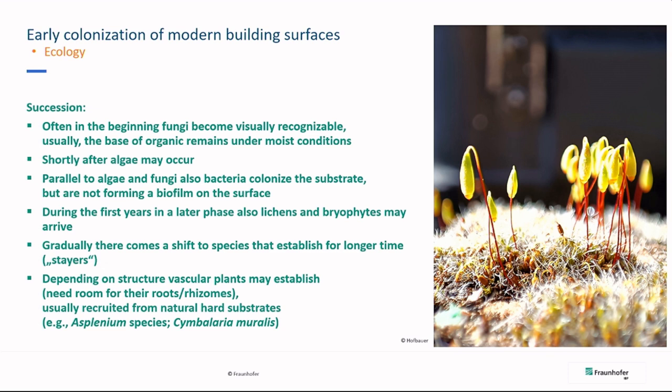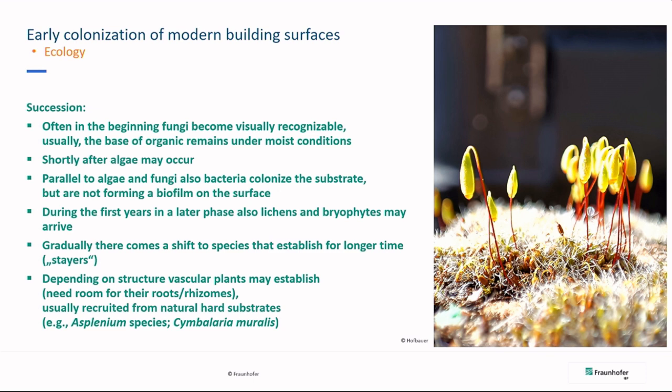And after a few years, usually, there may develop some lichens or bryophytes, and we see a gradual shift also in algae and fungi to species that like to stay there for a longer time. So from the ecological view, so-called stayers.